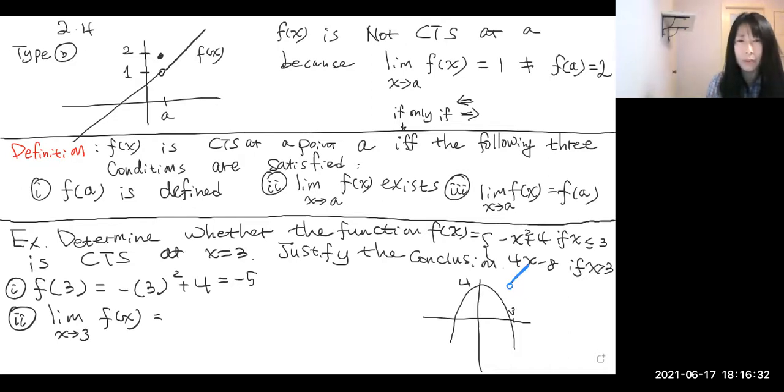So we have to check left and right, right? Let's check the left first. When x approaches 3 from the left, what do you get? It'd be negative 5, right? Coming from the left. And x approaches 3 from the right, what do you get?